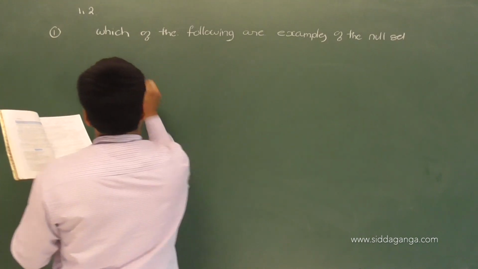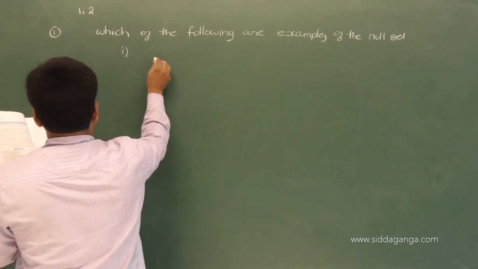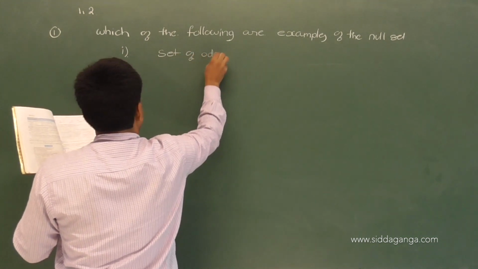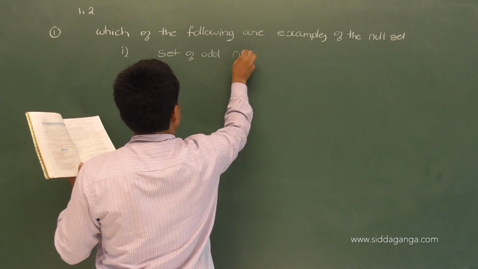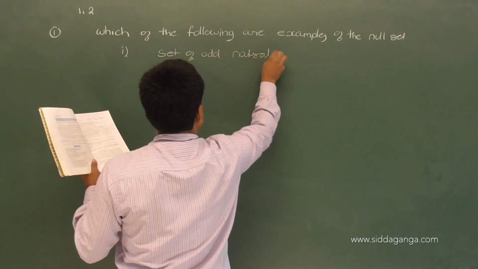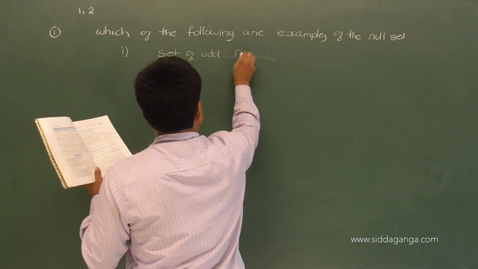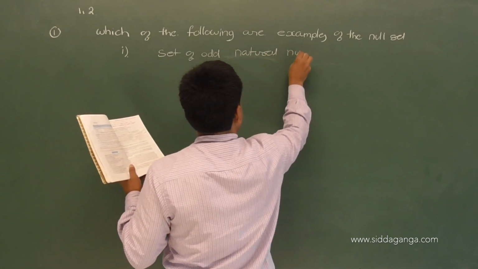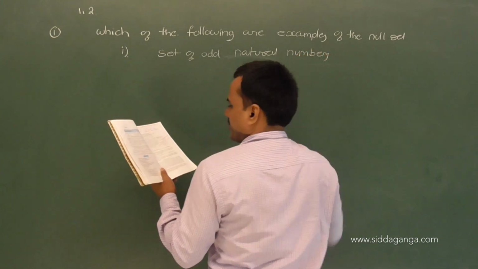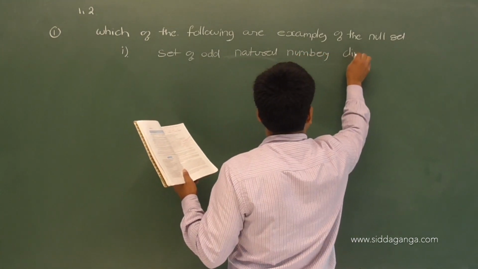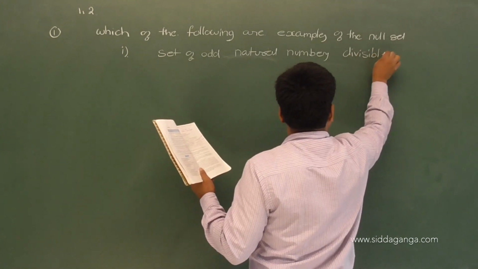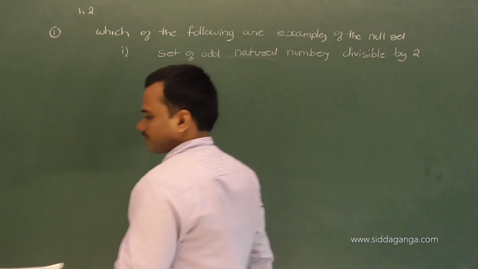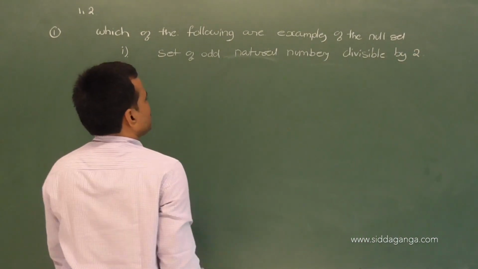First question: set of all odd natural numbers divisible by 2.